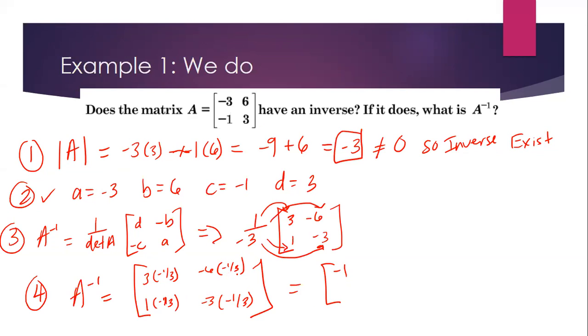Negative 6 times negative 1/3 is positive 2. 1 times negative 1/3 is negative 1/3. Negative 3 times negative 1/3 is positive 1. So that would be your inverse.